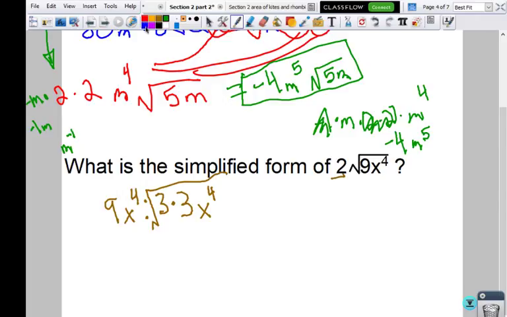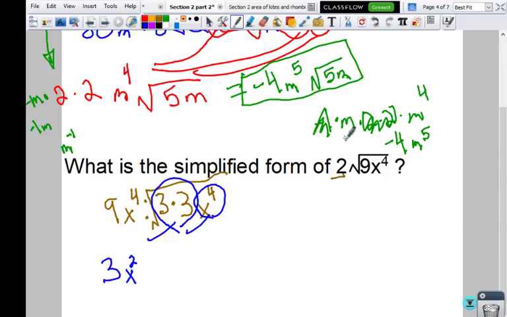Alizea, what's going to get kicked out? The 3. 3 is going to get kicked out. And some x's are going to get kicked out, right? So 3 got kicked out, and the x's got kicked out, and there's just x squared left. Is there anything left over inside? No. So if there's nothing left, am I going to write it?